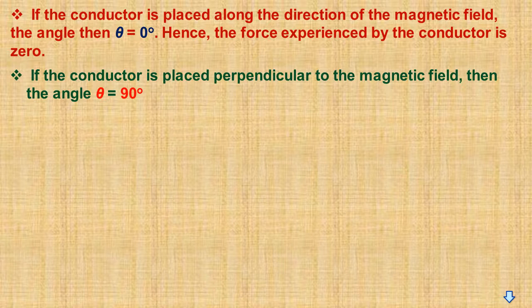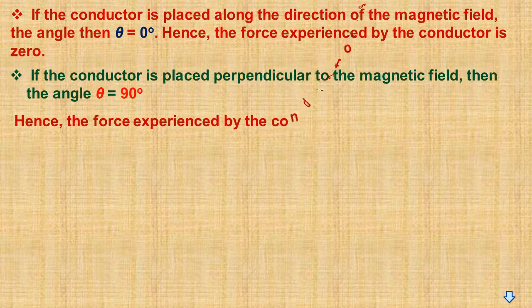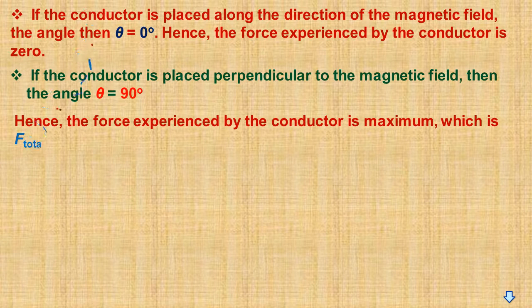Hence, the force experienced by the conductor is maximum, and which is F total is equal to BIL. With all this, finally we receive the F total, which is equal to BIL.